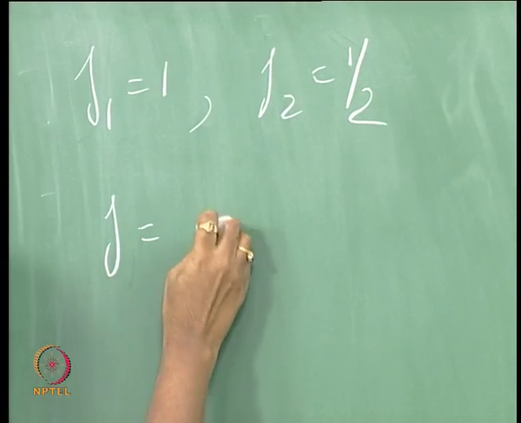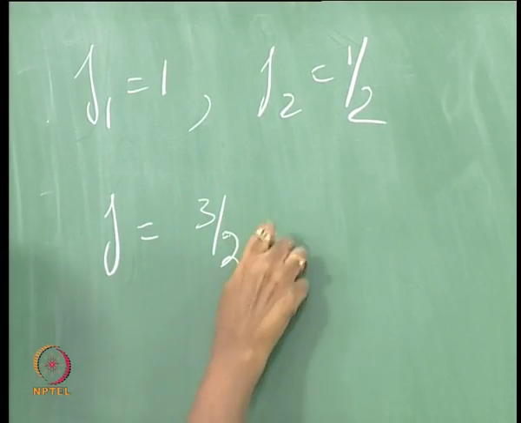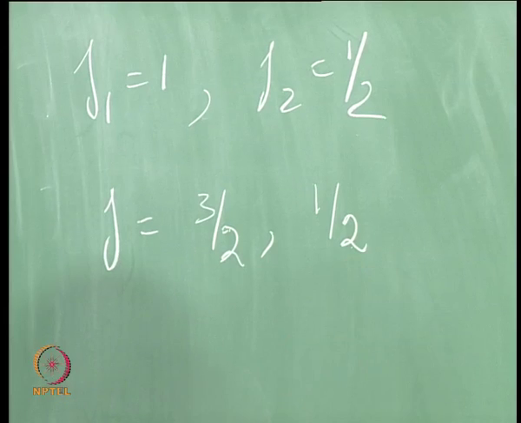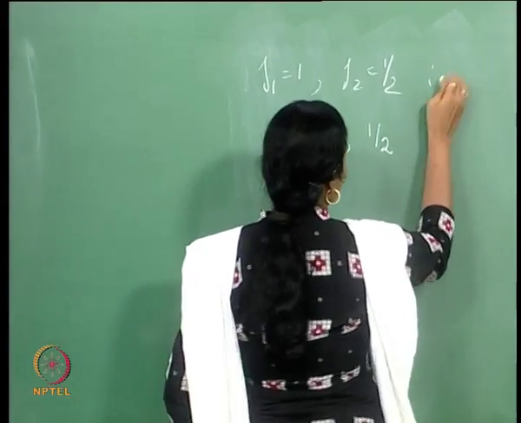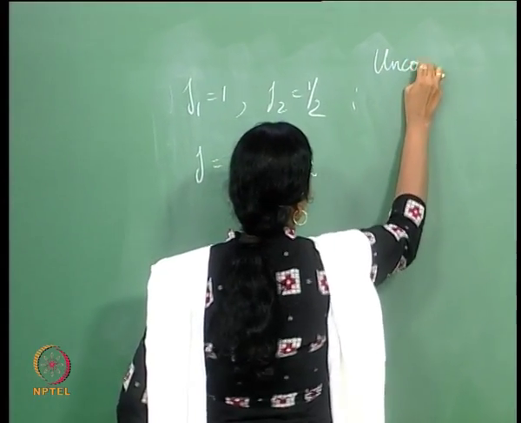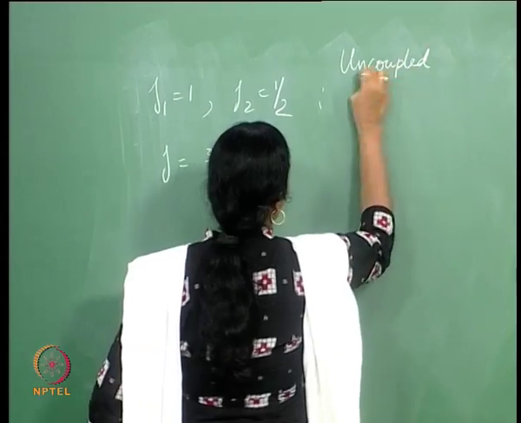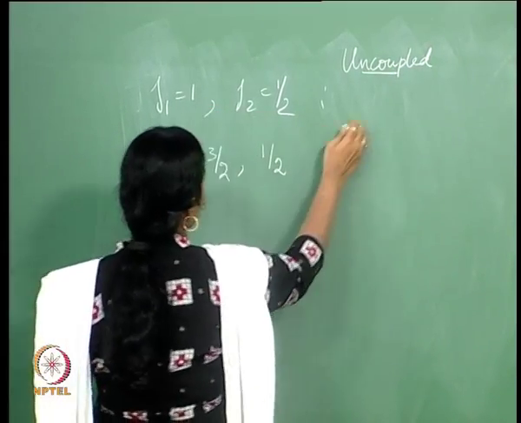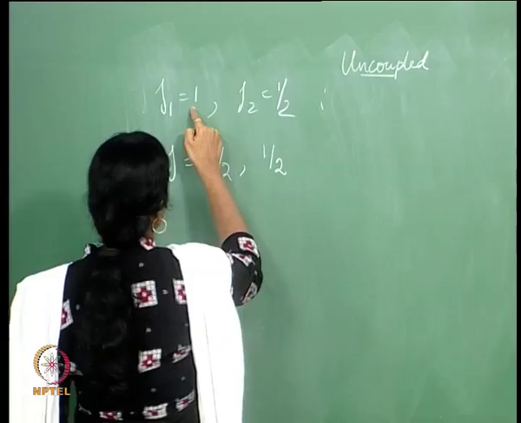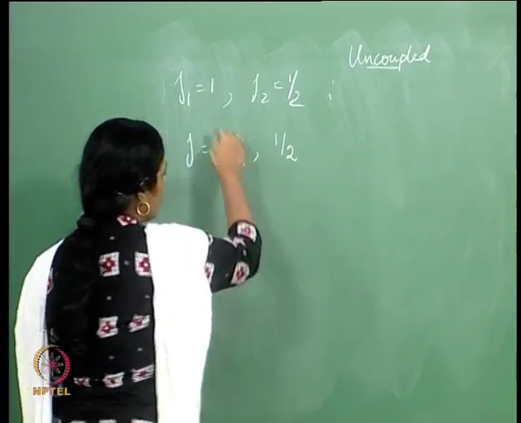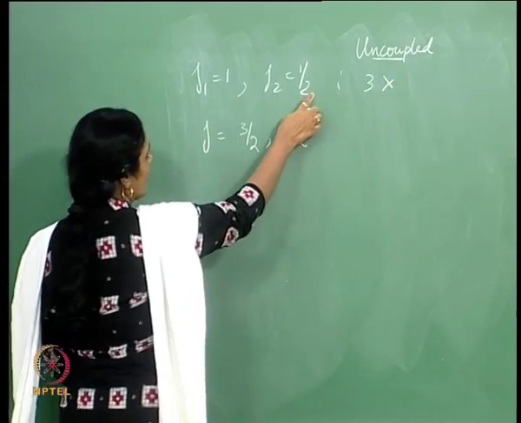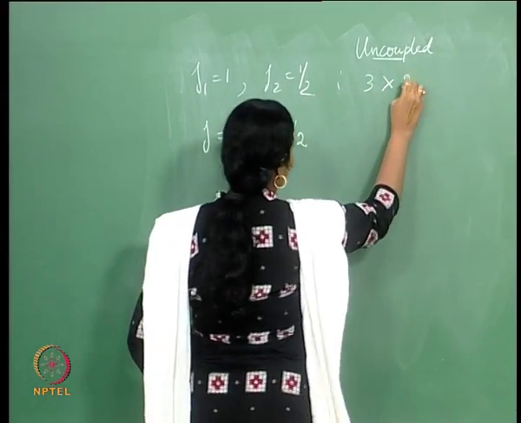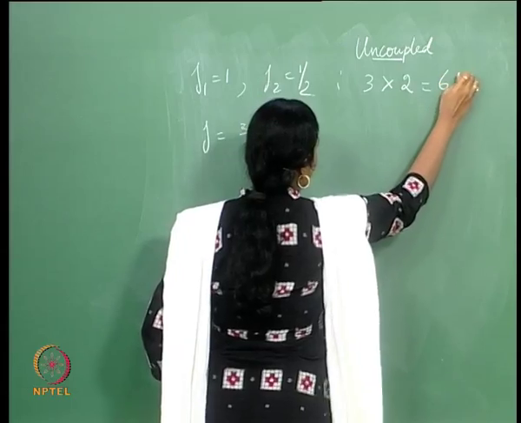So, J takes values 1 plus half down to the modulus of 1 minus half, in steps of 1. What are the number of states? In the uncoupled basis, I have 2j plus 1 states here, which is 3 states here, and that is 2 states there. So, I have 6 basis states.